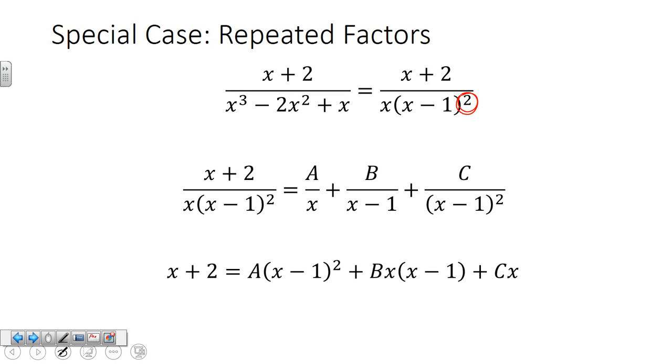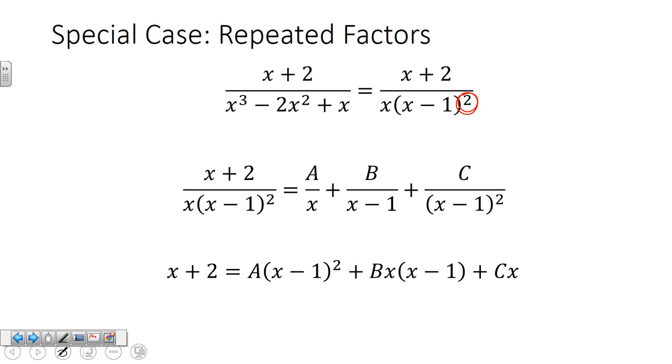Now, the possibility is that x minus 1 fraction was never there. And in that case, what I would find out is that b is 0. And that's okay. If you end up in a situation like this where one of your fractions ends up being 0 on top, that's okay. That just means that that fraction isn't part of the solution.